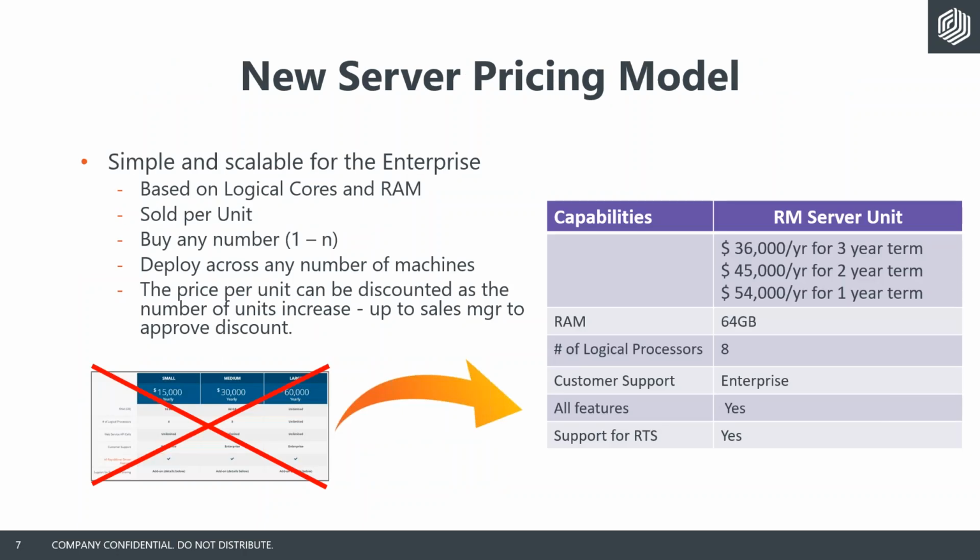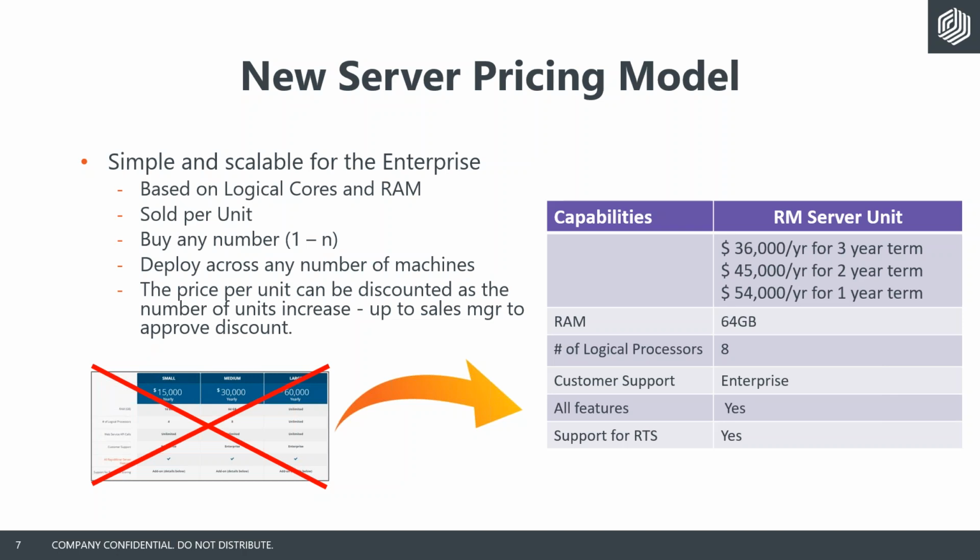So what you will now have is a packaging which we call a RapidMiner server unit. It contains 64 gigabytes of RAM and 8 logical processors.